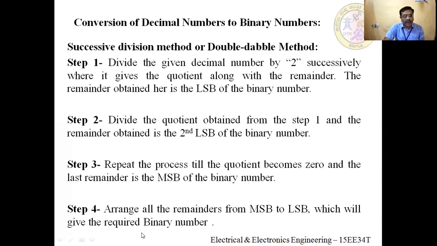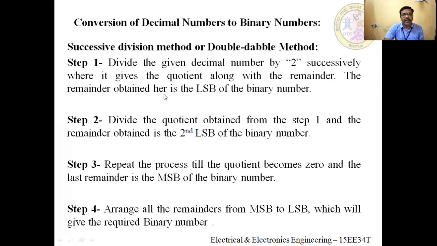The remainder obtained in step number 4 will be the MSB of the required binary number. Let me see in detail stepwise. Divide the given decimal number by 2 successively, which gives the quotient along with the remainder.